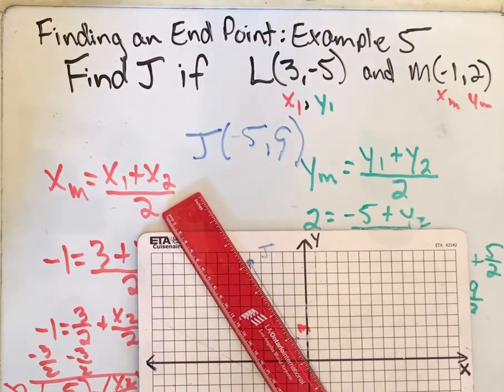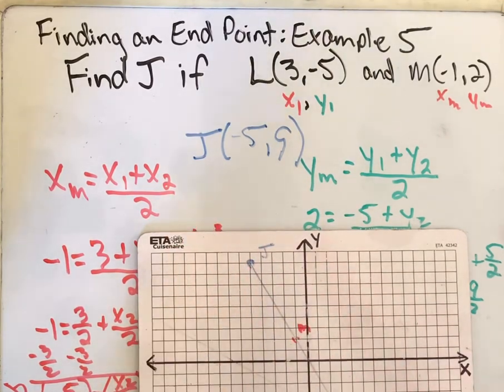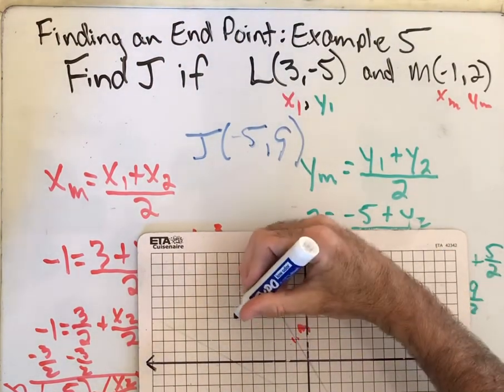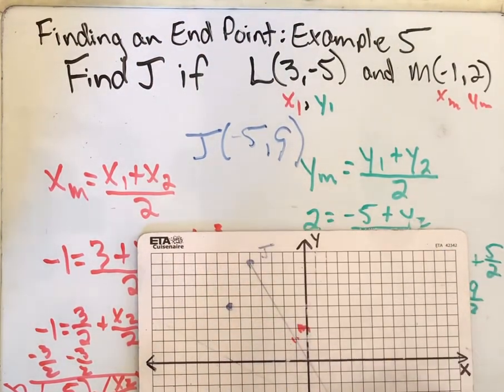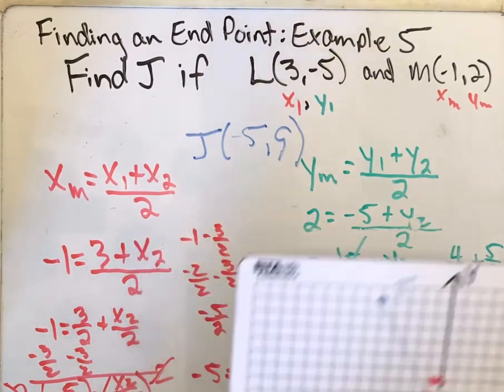You can visually inspect. If you get some numbers and you end up with a point way over here and these points don't line up, we did something wrong, because this is linear and it's going to be in a line. So that's how we use the midpoint and one other point to find an endpoint.